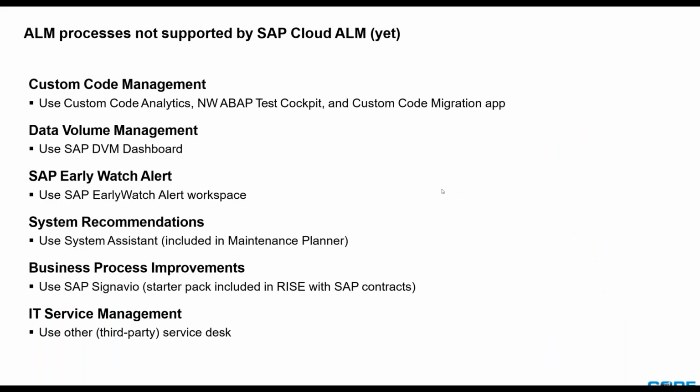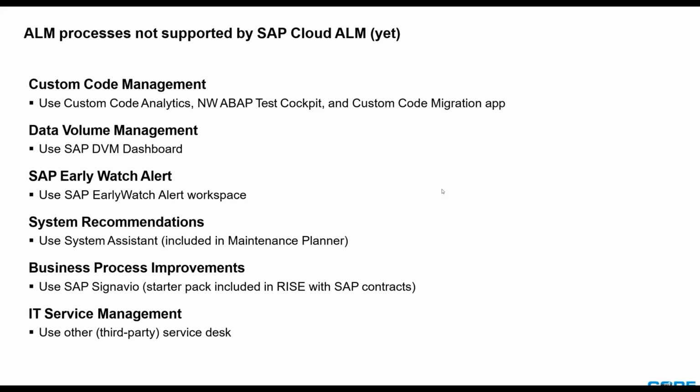And then something to think about: some of the ALM processes that are currently not supported by SAP Cloud ALM. This may change in the future, but these are some of the 5 or 6 items. For example, custom code management is not supported by Cloud ALM, so if you're using it to manage your custom code in Solution Manager, that's something to think about.